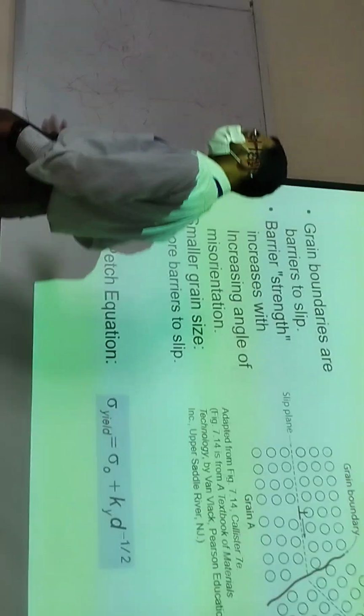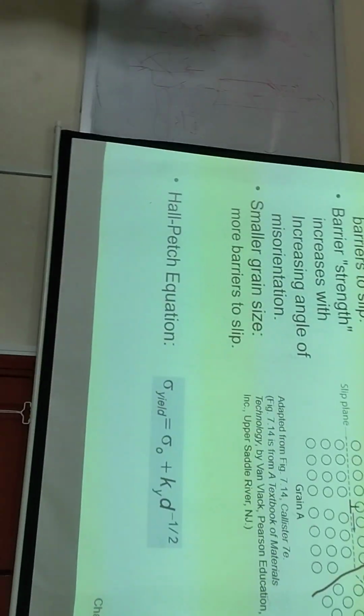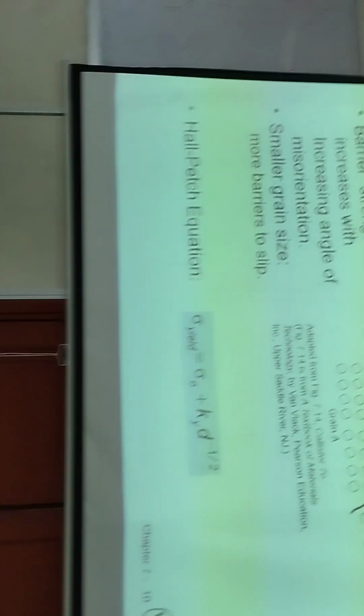The question that can come up: ultimately we know that smaller grains are going to lead to more number of grain boundaries per unit area and that is going to lead to an increase in strength. So we have to remember this is a strategy for strengthening.